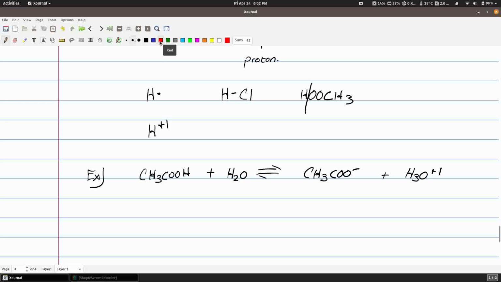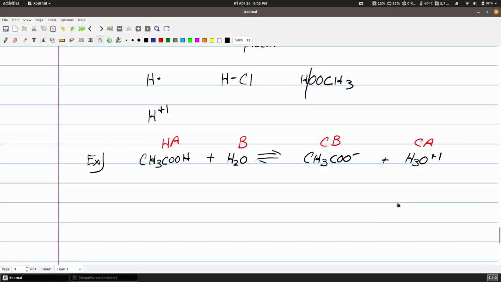Anyways, right here, this is your acid, this is your base, this is your conjugate base, conjugate acid. So what that means is these can combine and go back this way. Like this can go this way and this can go this way. That's what that equilibrium arrow is talking about.